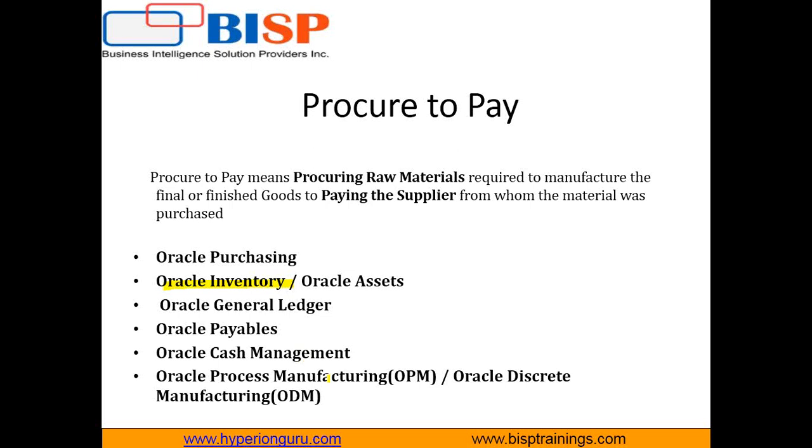When you're going to use this raw material and do the manufacturing, you come into order management, which is now a little bit divided into process manufacturing and discrete manufacturing, right?